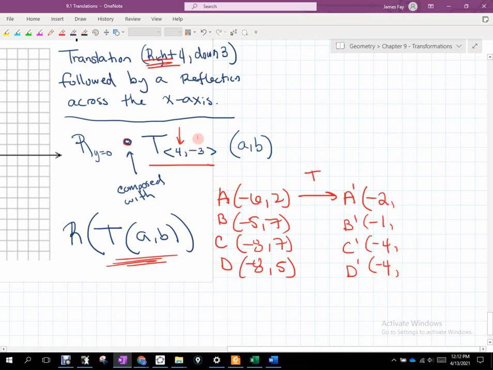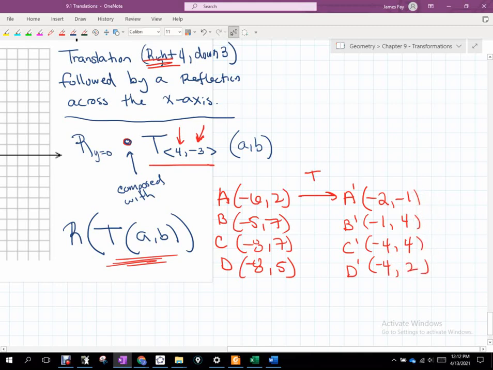What am I going to do with that minus 3? Subtract 3 from every Y, because minus, you do subtraction. So 2 minus 3 is negative 1. 7 minus 3 is 4. 7 minus 3 again is 4. 5 minus 3 is 2.